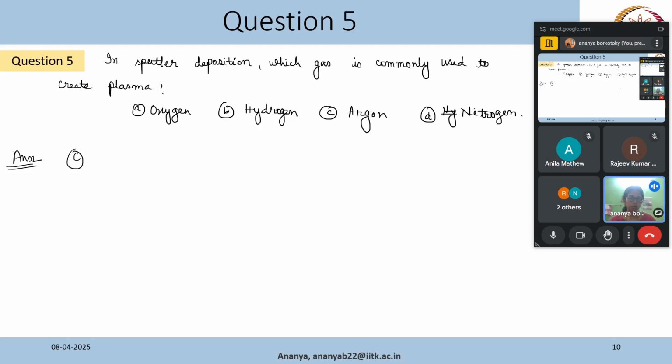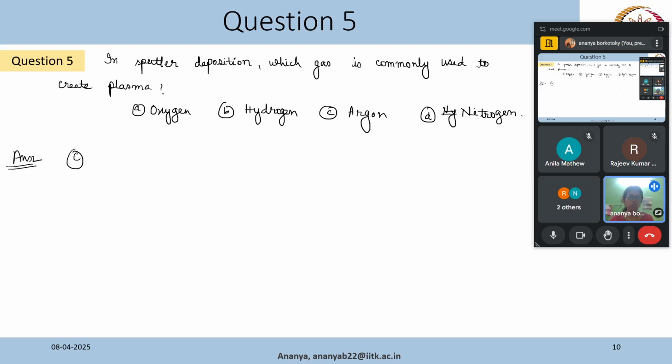For effective removal of material, the atomic weight of the sputtering gas, that is argon, should be similar to the atomic weight of the target material. That is why many times we use argon, but if it is a very light material, then we will use a different inert gas, and if it's a very dense material with very high weight, then we will use a different gas.